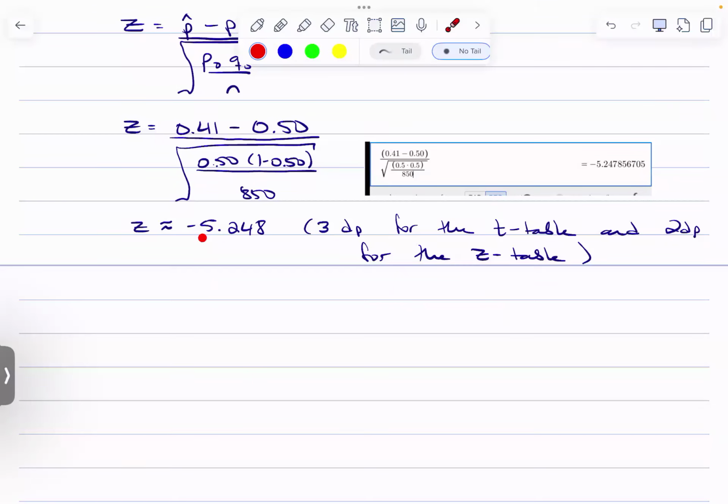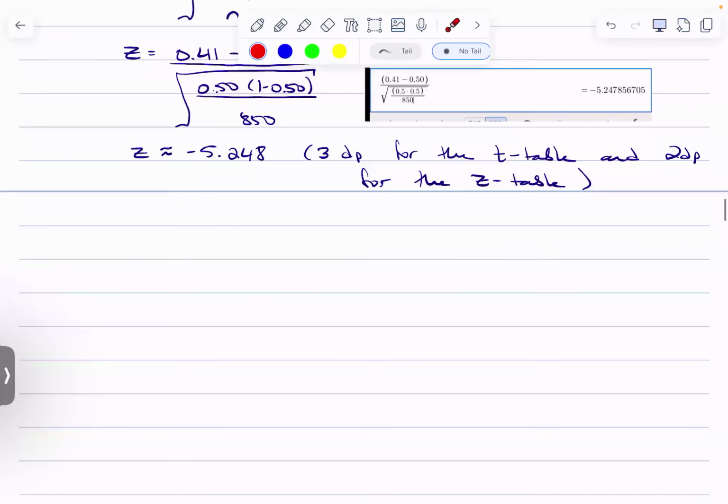This is really far into the tail, right? We know that because we know that roughly 3 standard errors would cover the entire curve, and then it goes to negative infinity and positive infinity, but right, it's very unlikely. So to try to communicate that, we introduce the p-value instead, right?